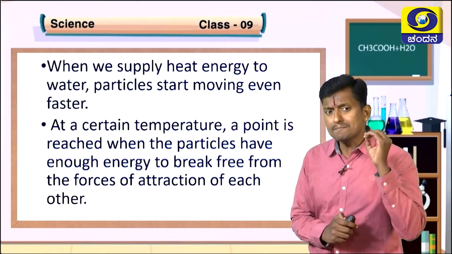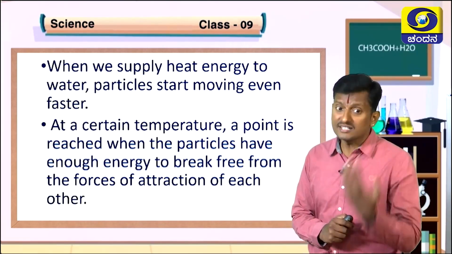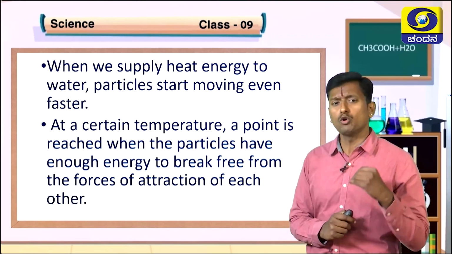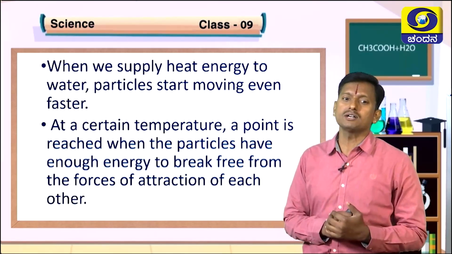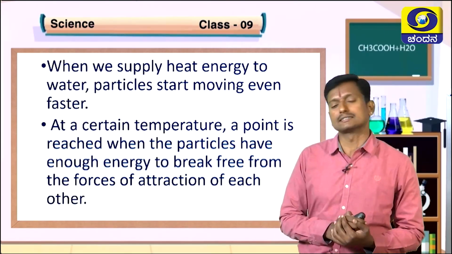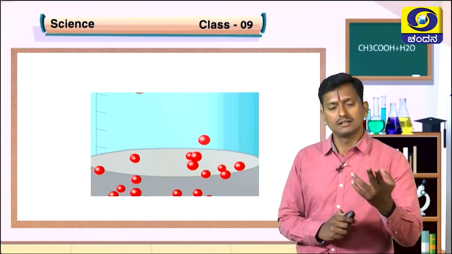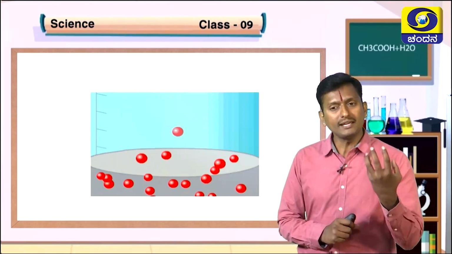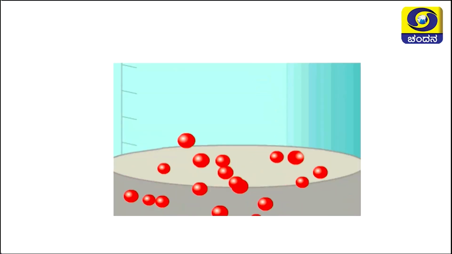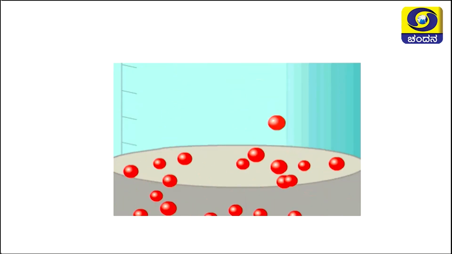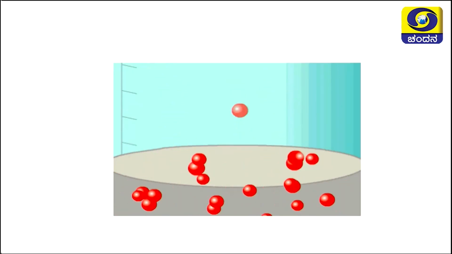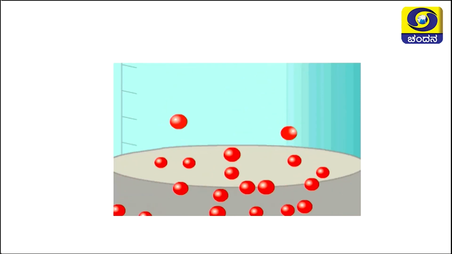At a certain temperature, a point is reached when the particles have enough energy to break free from the force of attraction of each other. See here, when you apply heat, the particles start vibrating. If the heat is more, the bonds will break and they start to move freely.